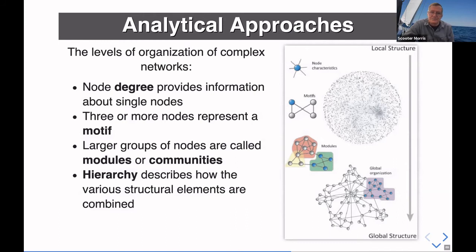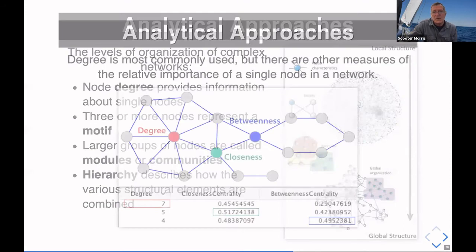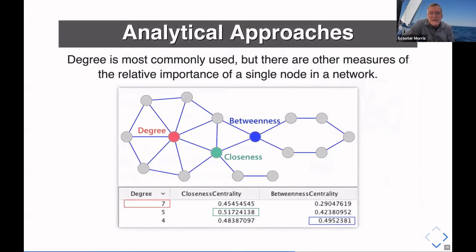There's all sorts of other network tools and analyses that I don't see used as much anymore. We used to be really concerned about whether a network was scale free and things like that, but I seldom see people doing those kinds of analyses on biological networks now. Mostly the three things I want to mention that have great biological implications are degree, the number of edges that a node has.